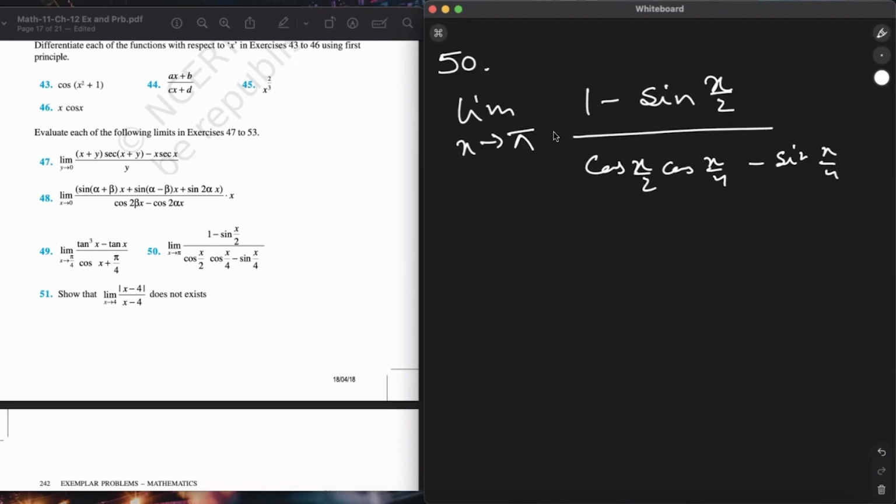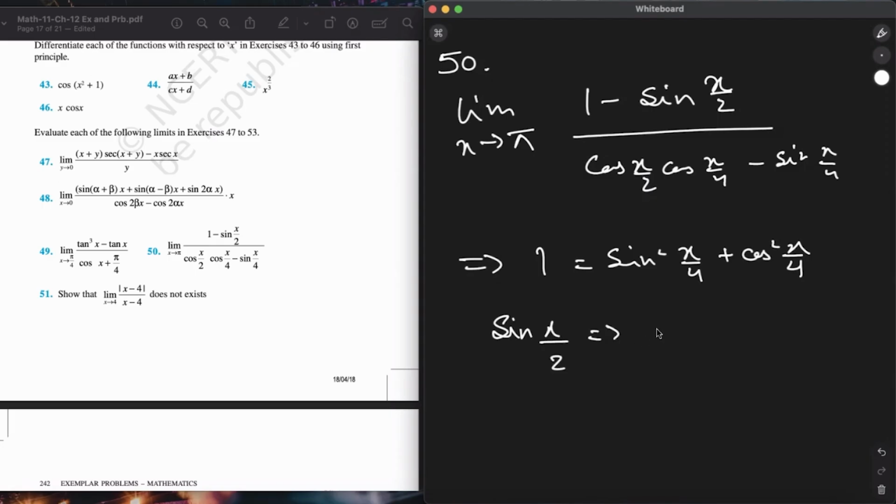Now what can we do with this? Sin x by 2, I can write this as 2 sin. So let me tell you one thing. Can I write 1 as sin square x by 4 plus cos square x by 4? I'll tell you why I put x by 4 over here. You'll get my point when I put in the values. And what can I do with this sin x by 2?